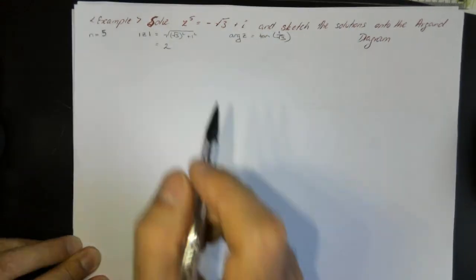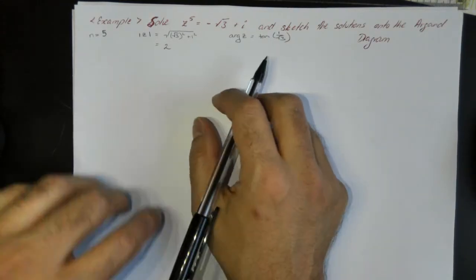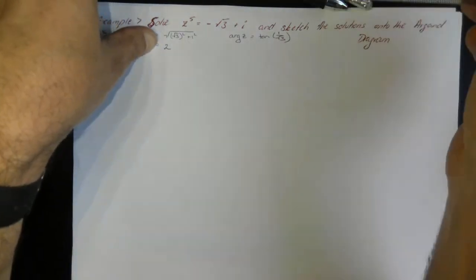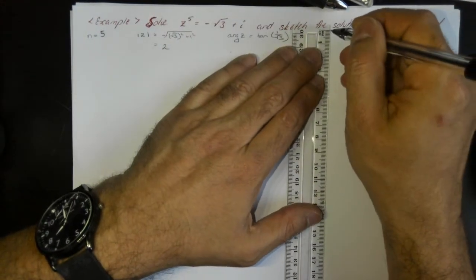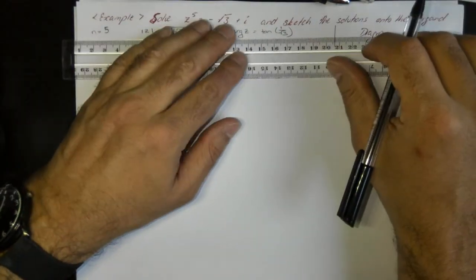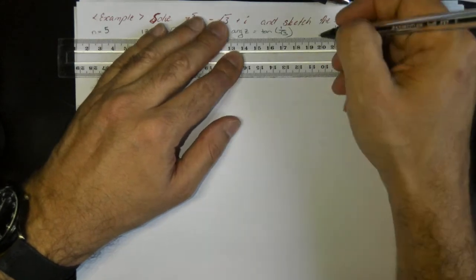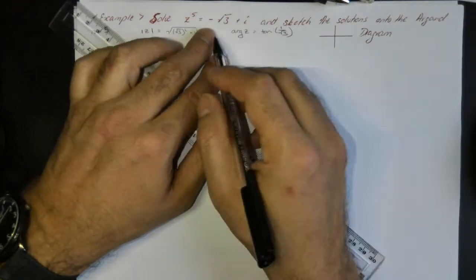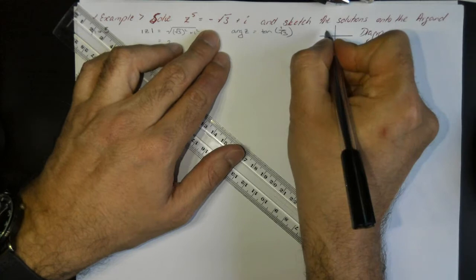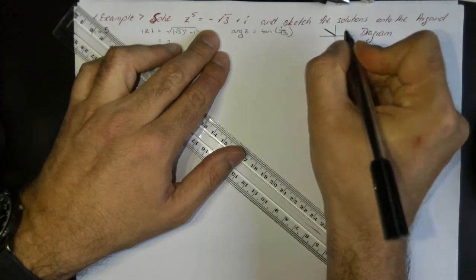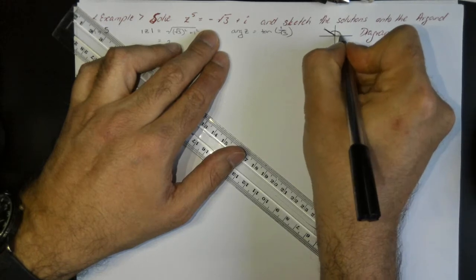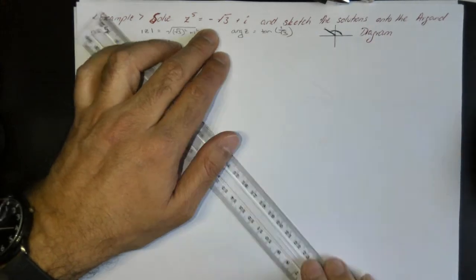What I'm going to do first, before calculating the argument, is sketch where z to the power 5 is. Okay, so negative root 3 plus i. So here is my z. Okay, so this is going to be the argument that I require.